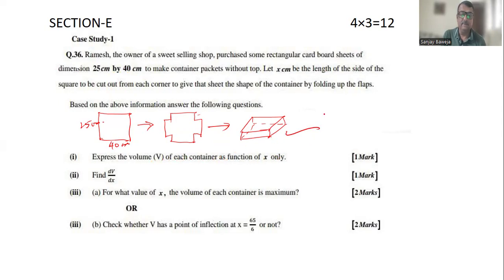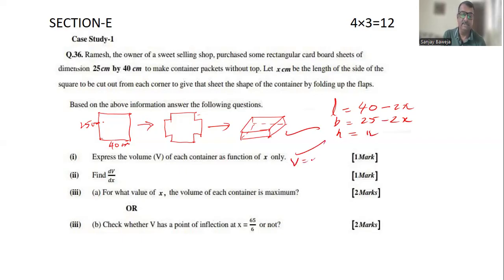The length of the box will be 40 minus 2x, because you are cutting x from each end. Breadth of the box will be 25 minus 2x, and height of the box will be x. You multiply these three to get the volume.